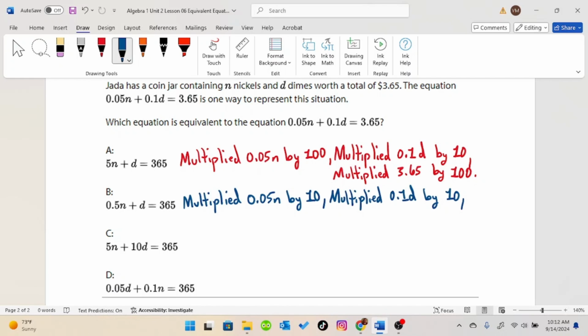And to go from 3.65 to 365, they multiplied by 100. So they multiplied two parts of the equation by 10, but a third part of the equation by 100. This is not an equivalent equation.